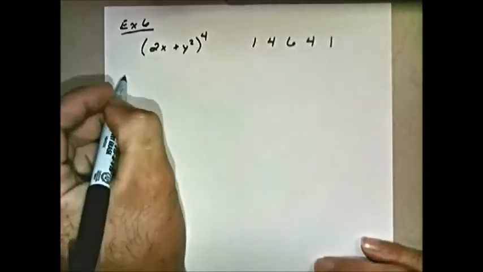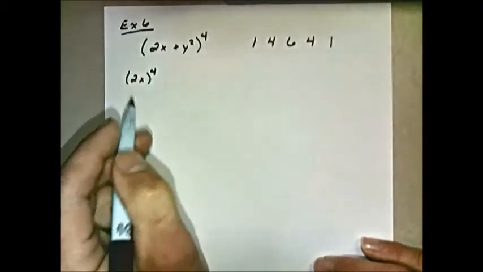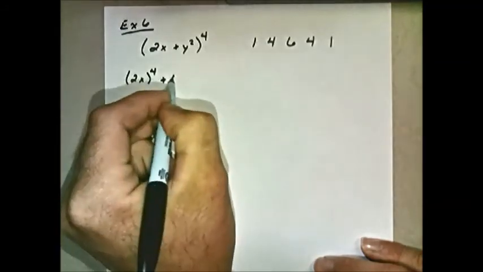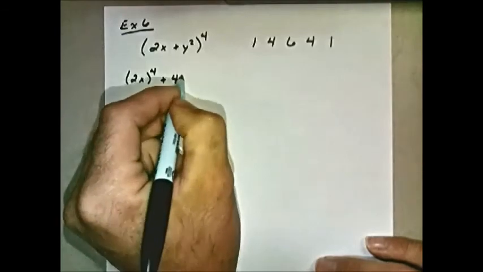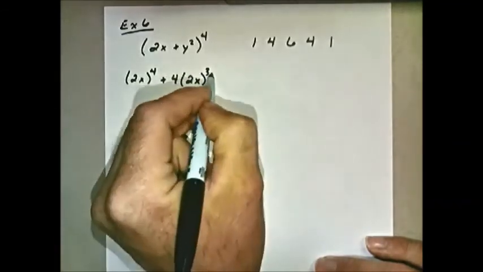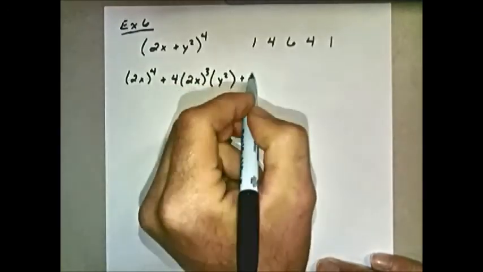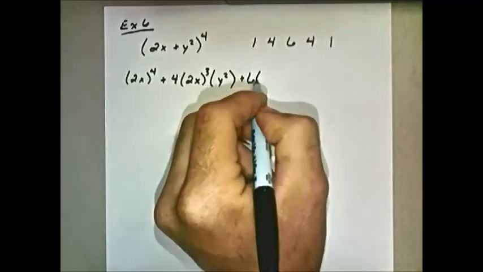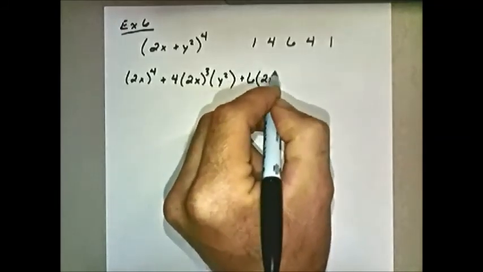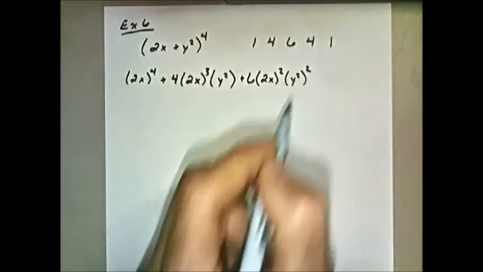We're going to begin by taking 2x. Now we're going to place the 2x in parentheses and take it to the fourth power. Plus 4 from our coefficient of Pascal's triangle times 2x to the third times y squared, plus 6 times the quantity 2x squared and y squared squared.